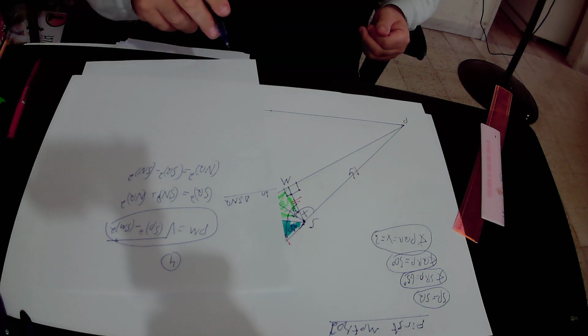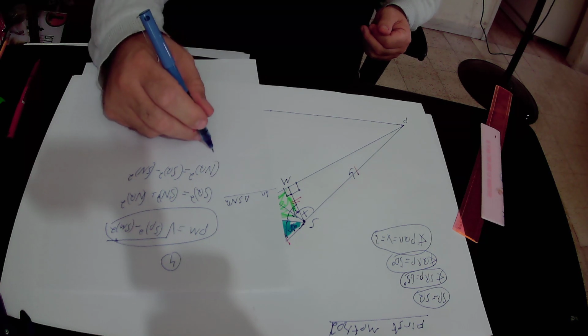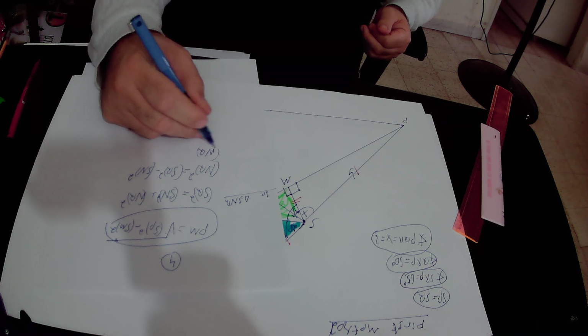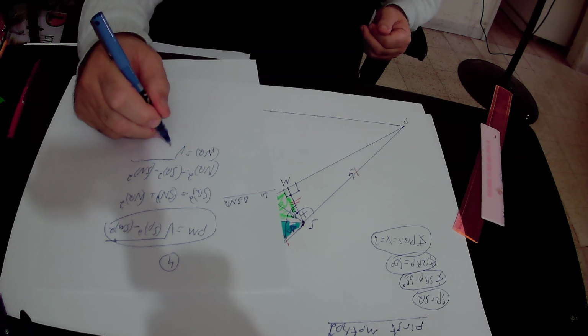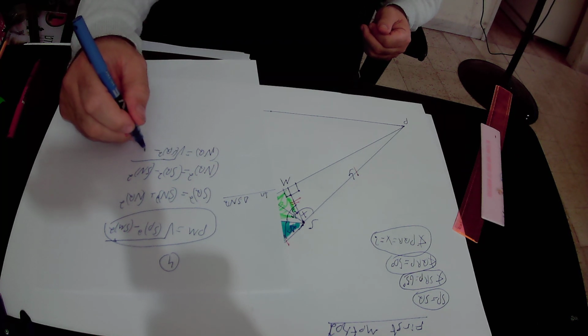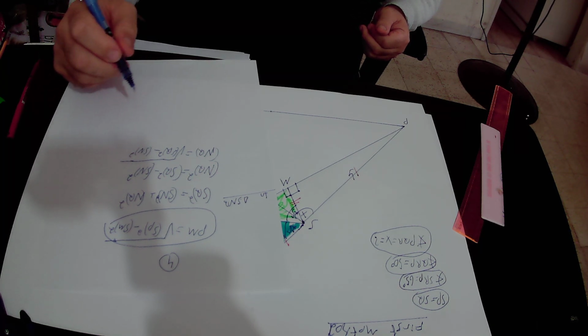So here we will take a root out of this equality and we will get that NQ equals the root of SQ square minus SN square.